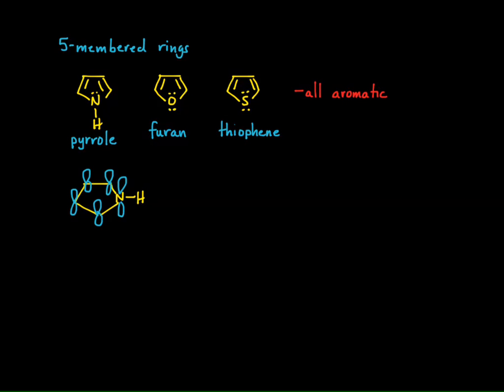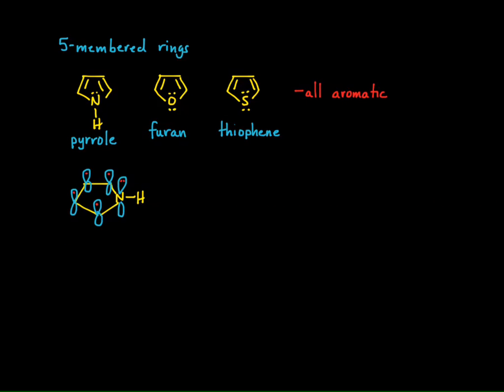We know that because pyrrole is planar. That nitrogen is trigonal planar, and so it has a p orbital available to it. And in that p orbital, we have the 2 electrons. So we have that pair of electrons on the nitrogen that's in a p orbital, not an sp2 orbital. The nitrogen-hydrogen bond is a sigma bond from an sp2 orbital.